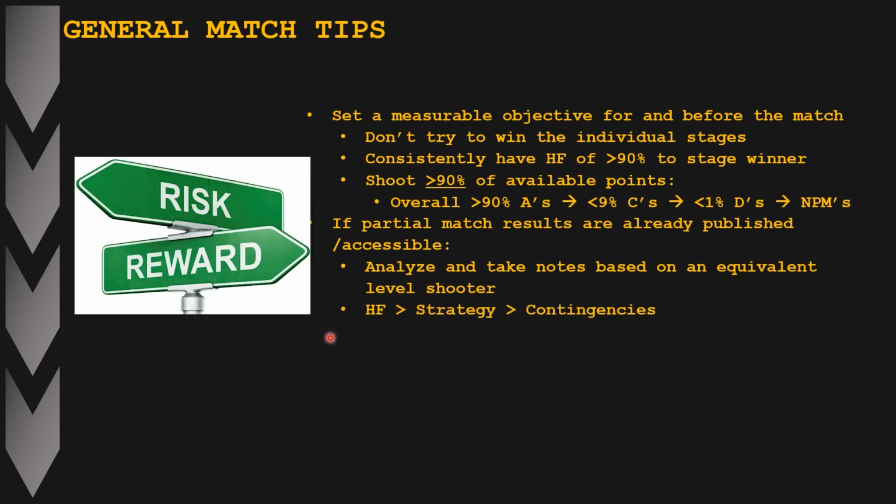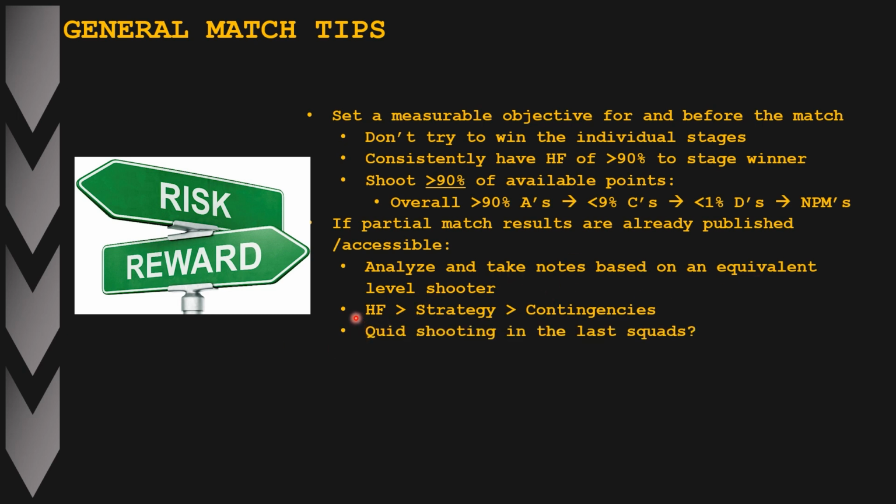Why is that? Because hit factor dictates strategy, and strategy dictates whether or not you need contingencies, and how you can solve these contingencies to improve your overall hit factor.